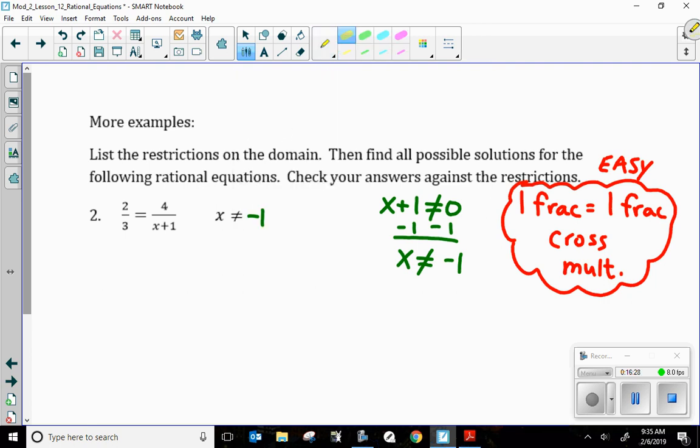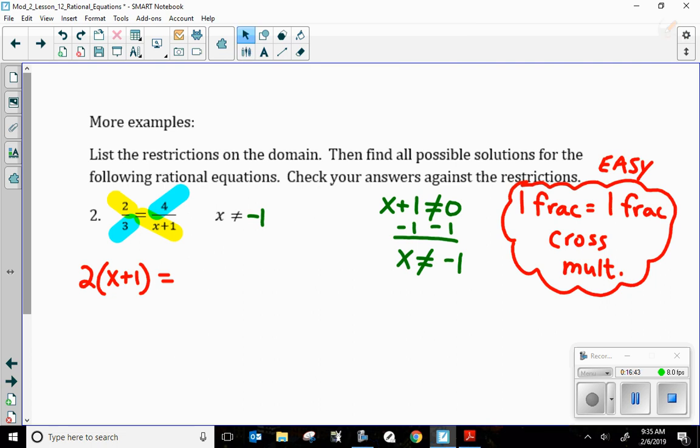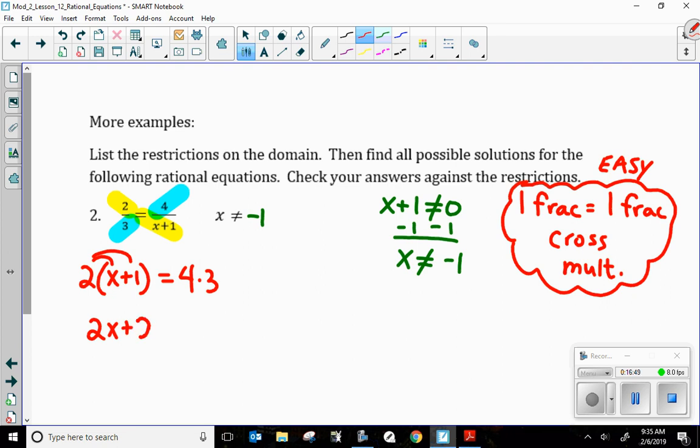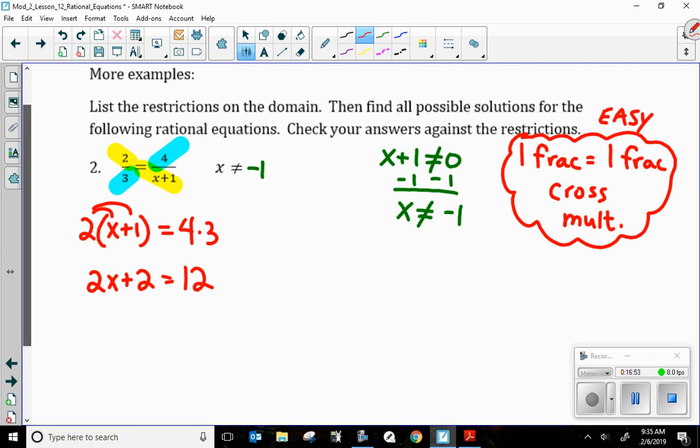And in case you forgot, I'm going to take 2 and multiply it times x plus 1. So I have 2 times x plus 1 equals. Now I'm going to take 4 and multiply it times 3. 4 times 3. So distribute 2x plus 2 equals 12. I mean, my goodness. Cry me a river.